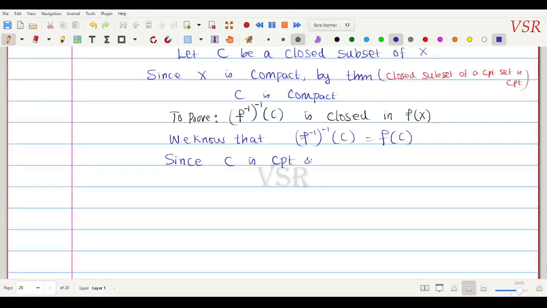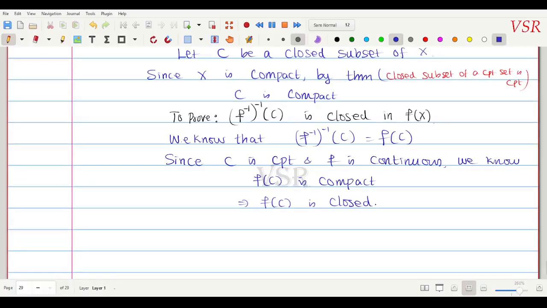And since C is compact and f is continuous, we know f of C is compact. A continuous image of a compact set is compact, therefore f of C is compact. So this implies that every compact set is closed, so f of C is closed.